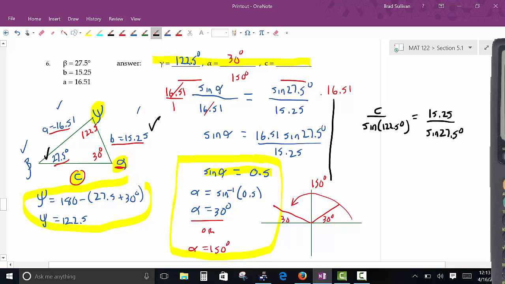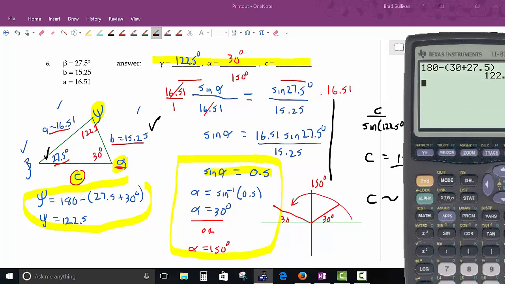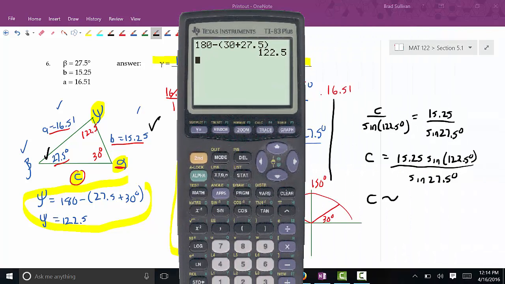Then I can cross multiply. So C is equal to 15.25 times the sine of 122.5 degrees all over the sine of 27.5. And that'll give the first triangle solution to this problem.